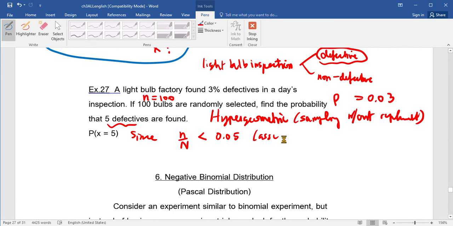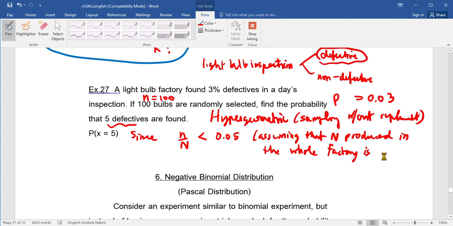Assuming that the number of light bulbs produced in the whole factory is very large, much larger than 100. We don't know how many, but it must be much larger than 100 bulbs, right?